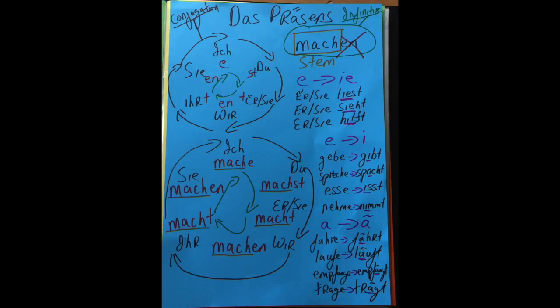So here we go. For machen, the verb, we've taken off the -en, we're left with the stem mach. So for I make or I do is ich mache. As I said, the pronoun is written in black and the ending, the little snippet of letters that goes on the end, is in red. So: ich mache, du machst, sie macht, wir machen, ihr macht, sie machen.